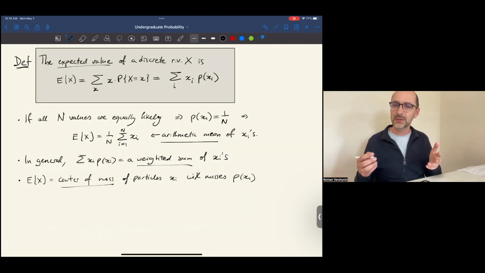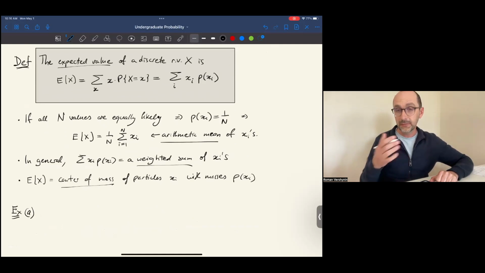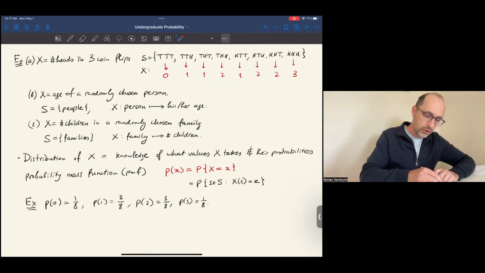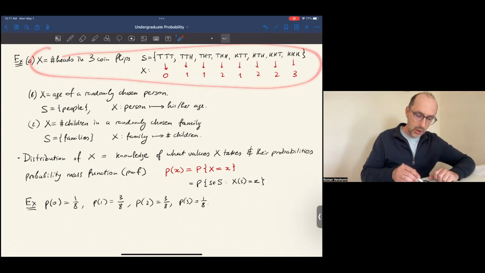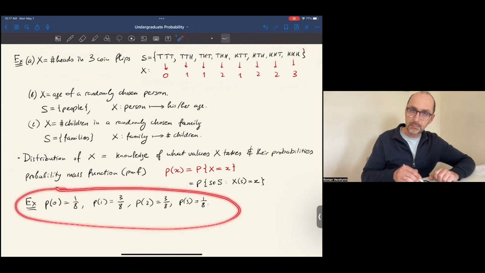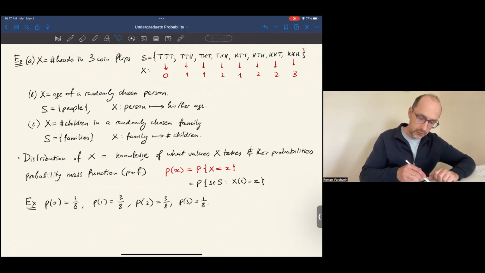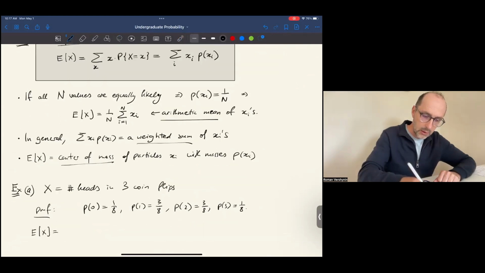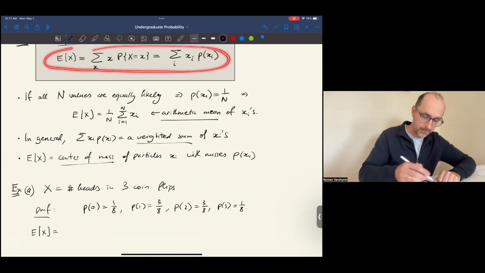And now let's practice with a couple of examples. In the first example, a random variable x is the number of heads in 3 coin flips. Let's compute its expectation. We introduced this random variable here. We computed its probability mass function here. So let me copy it. And let's compute the expected value from this formula.